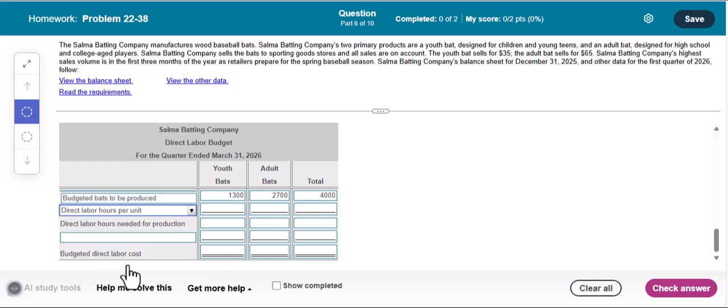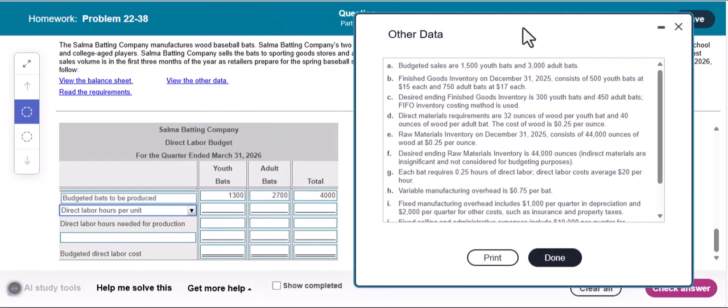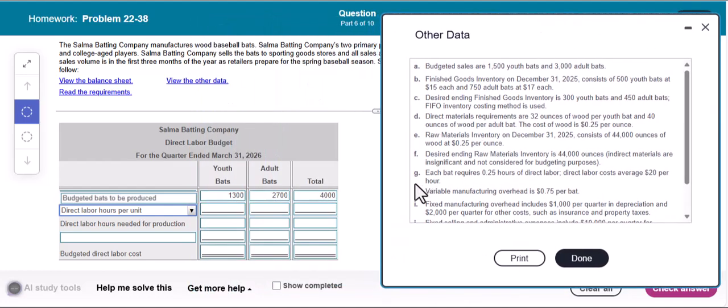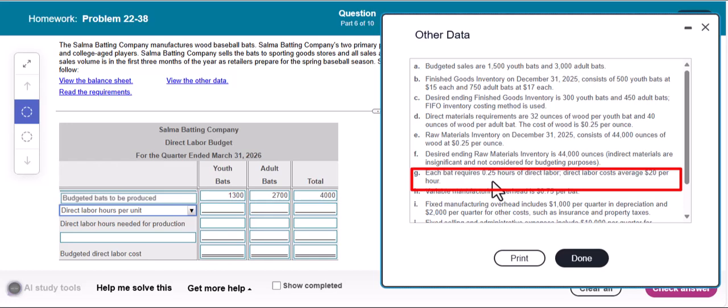So let's input that, and we'll open up our data table to find that amount. That's going to be under G. Each bat requires 0.25 hours of direct labor. Direct labor cost averages $20 per hour. So that's the 0.25 right there, hours of direct labor for each of those bats.